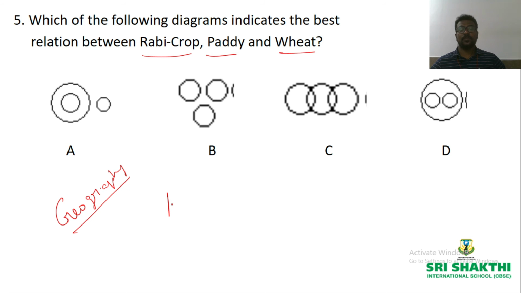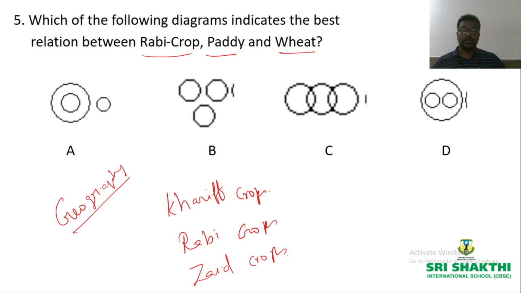You may have studied about 3 different seasons: Kharif crops, Rabi crops, and Zaid crops. Rabi crops represent the winter season, and Kharif crops represent the rainy season.